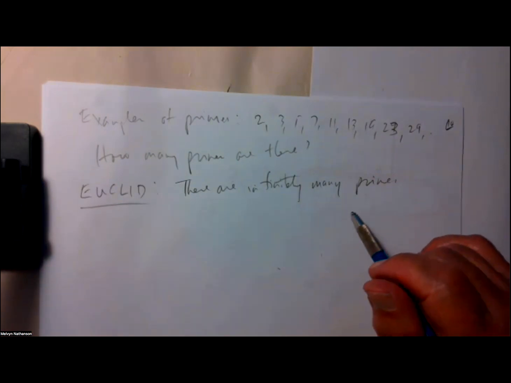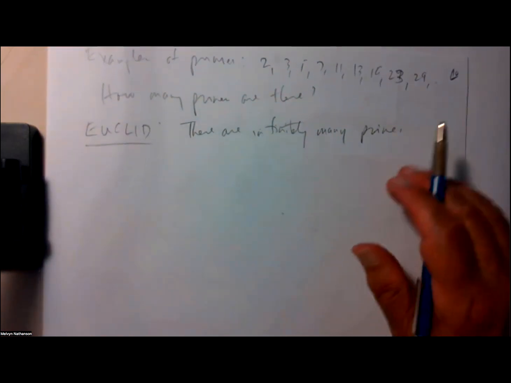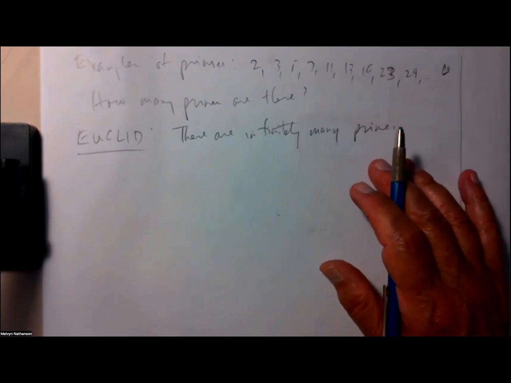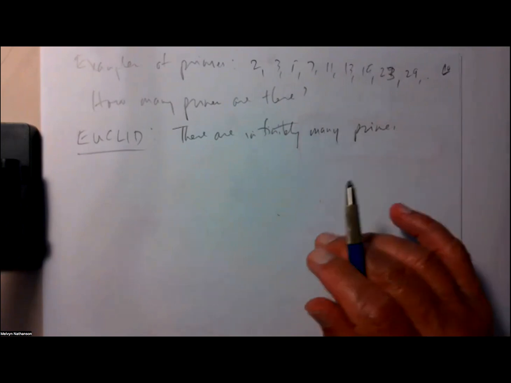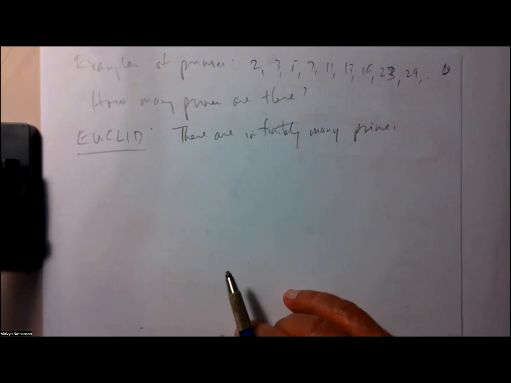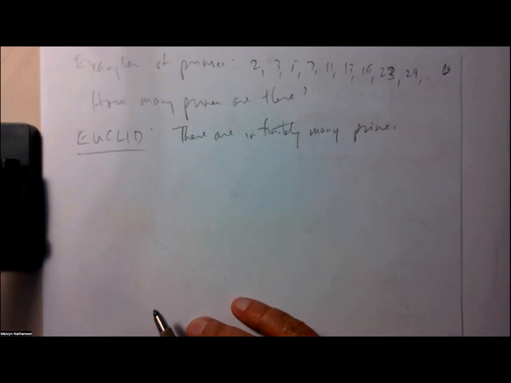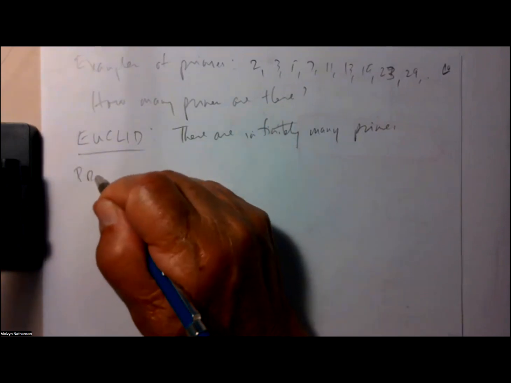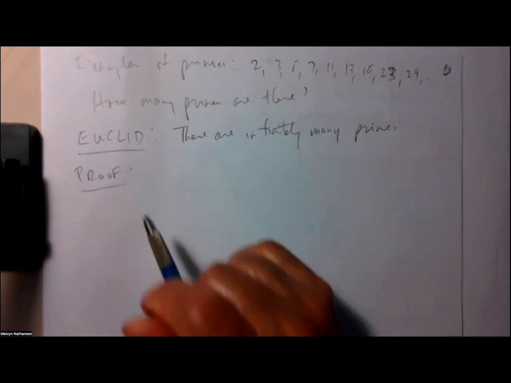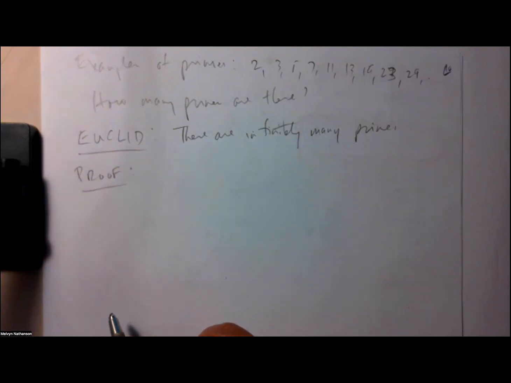So as you start writing out the primes, you'll never get to the end. No matter how far out you go, there's an even bigger prime somewhere out there. And Euclid's proof is one of the classical proofs in all of mathematics.